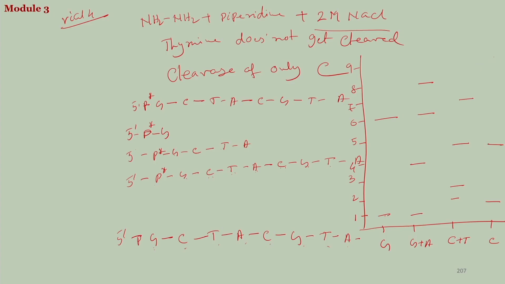Somewhere it has to come here. It has to come here. A. It has to come here. So that would finish it. 1, 2, 3, 4. G, C, T, A. C, G, T, A. Yeah, that will be it.